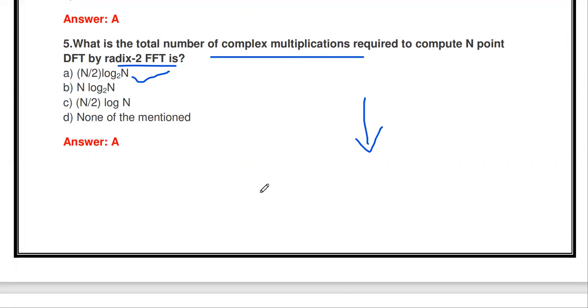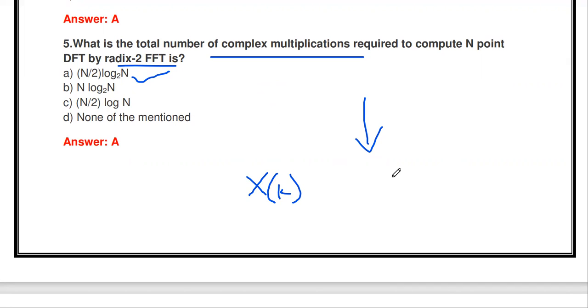There we used the DFT formula: capital X of K equals summation n equal to 0 to N minus 1 of x of n e power minus j 2 pi k n by N, for k from 0 to N minus 1. That method is called direct evaluation of DFT.